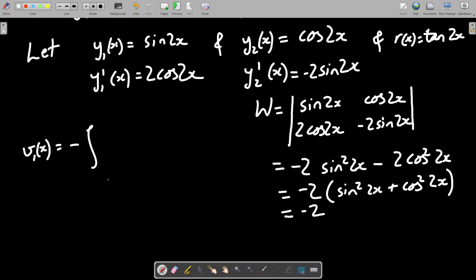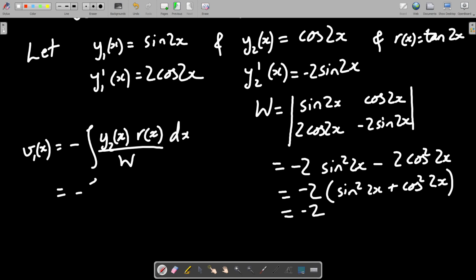So v1 is equal to minus integral of y2 of x into r(x) upon Wronskian dx. Correct? This is the formula which we wrote.